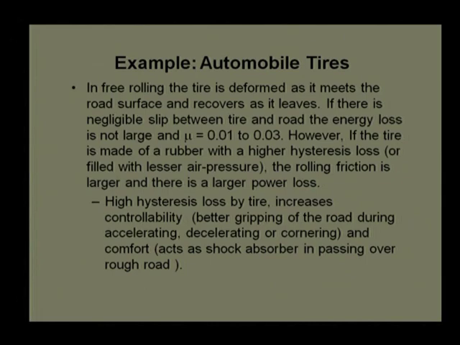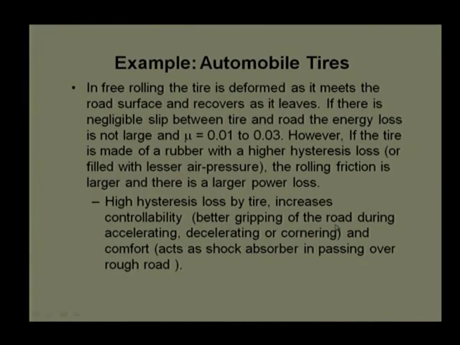So, there should be a trade off. We should not have perfect rolling, there should be some deformation of the surface, so that we have good control on our vehicle. Controllability means better gripping of the road during acceleration, deceleration, or when we are taking any turn.